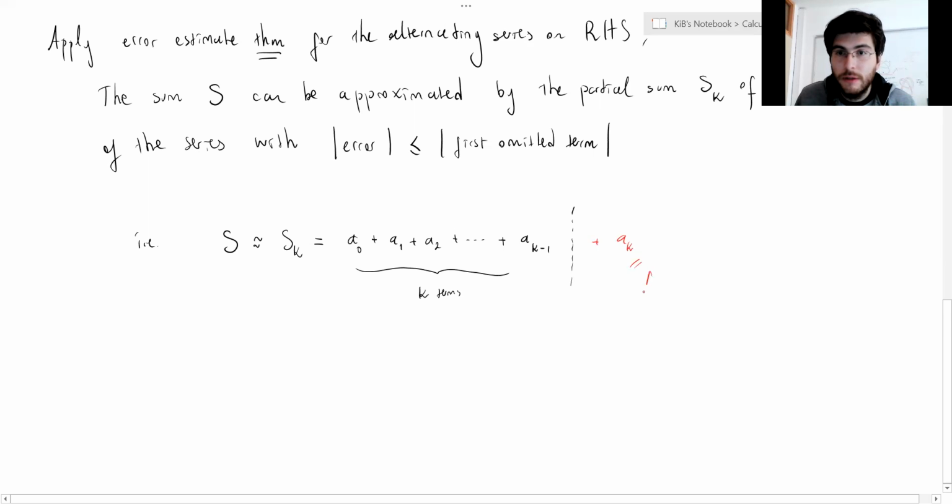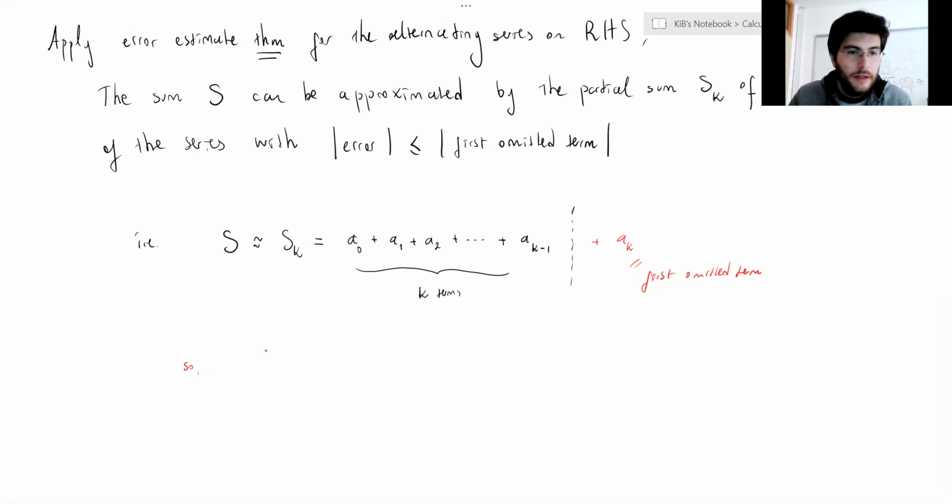This is the first omitted term. And so, with this observation, we need to be careful. So let's see what we have. Therefore, this was our first step. So we apply this.